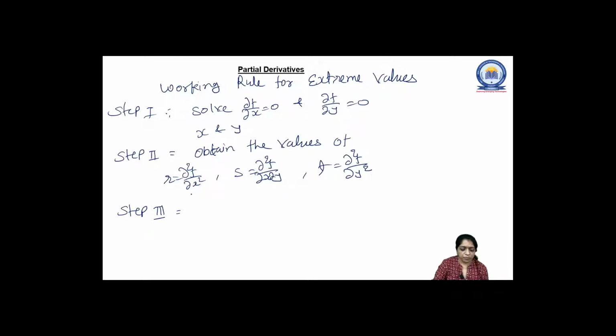And last step, that is step 3, and this is the most important step here. Number 1, if R T minus S square greater than 0 and R less than 0, then function is maximum.